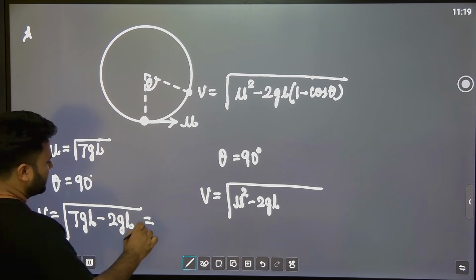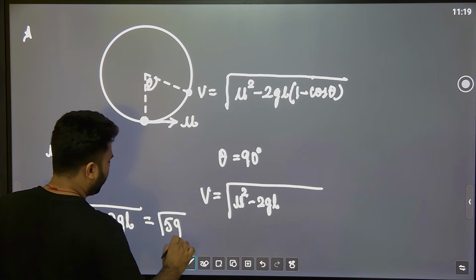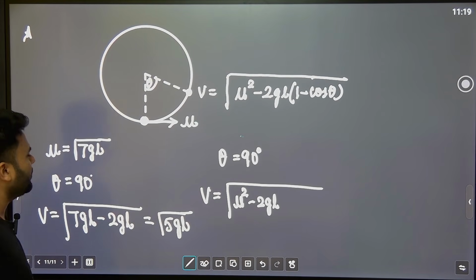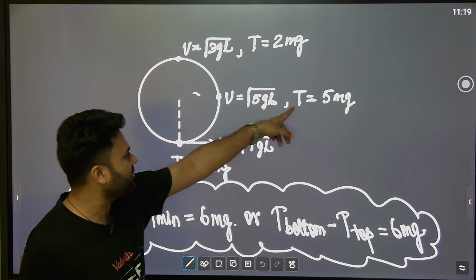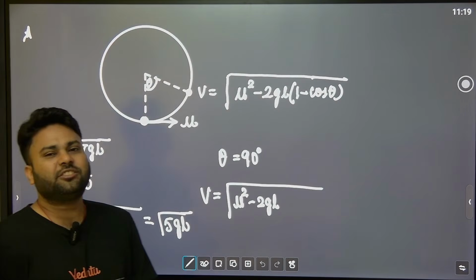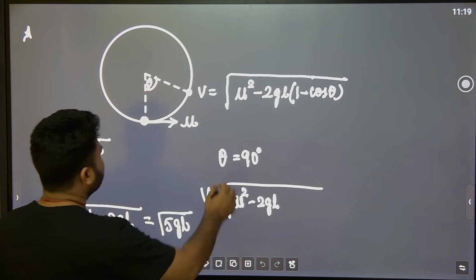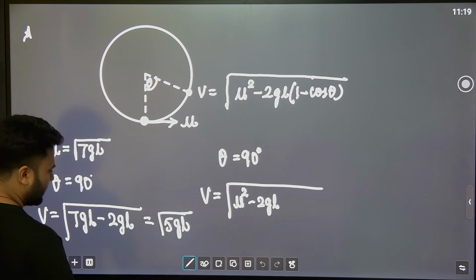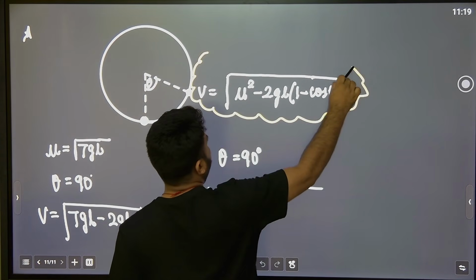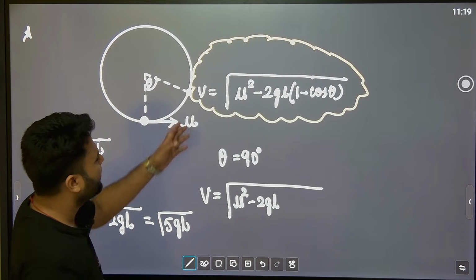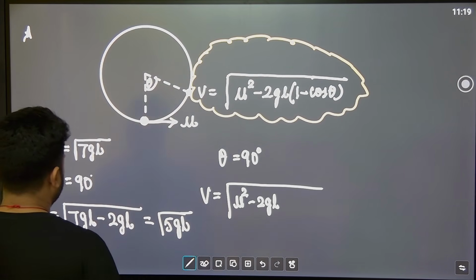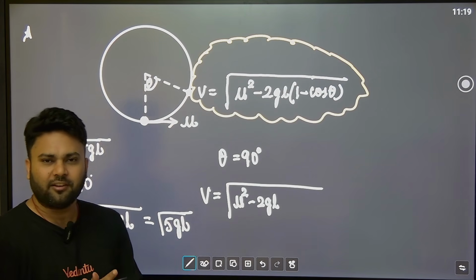So 7gl minus 2gl is 5gl. Correct. And this can come from the formula directly also. See, under root 7gl at the bottom, here the speed was under root 5gl. So that's why I say the trick is also important, the concept is also important. This you need to remember. If they ask what will be the speed at any angle theta, speed will be under root u square minus 2gl (1 minus cos theta). So this is all about vertical circular motion.